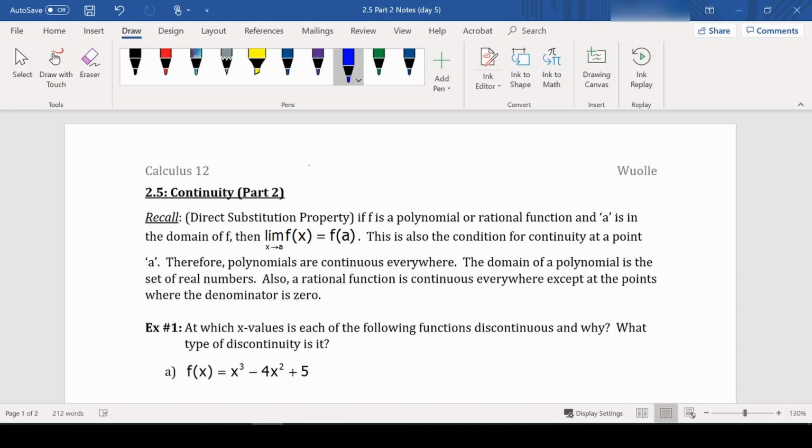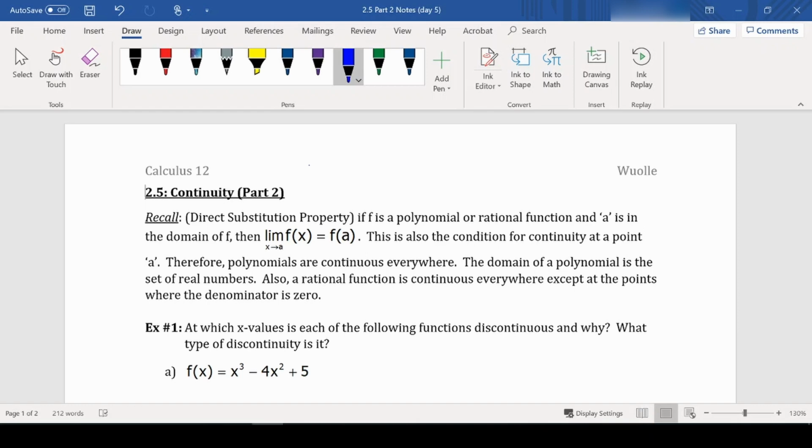So reminder from your substitution property, you were able to substitute a value from a limit right into a function if it was a polynomial or a rational, as long as that x value that we're approaching is in our domain. And we had some other techniques for being able to simplify and find limits if we couldn't direct substitute.